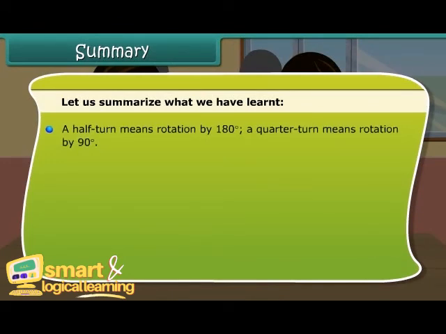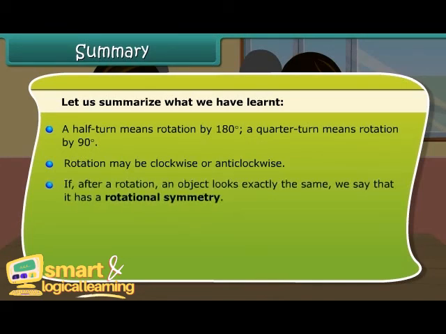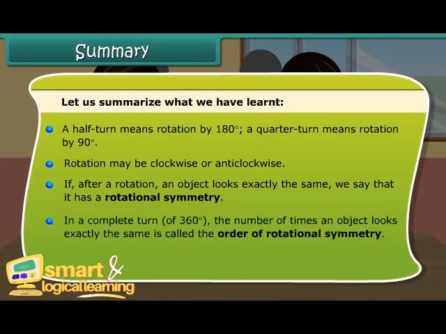A quarter turn means rotation by 90 degrees. Rotation may be clockwise or anti-clockwise. If after a rotation, an object looks exactly the same, we say that it has a rotational symmetry. In a complete turn of 360 degrees, the number of times an object looks exactly the same is called the order of rotational symmetry.